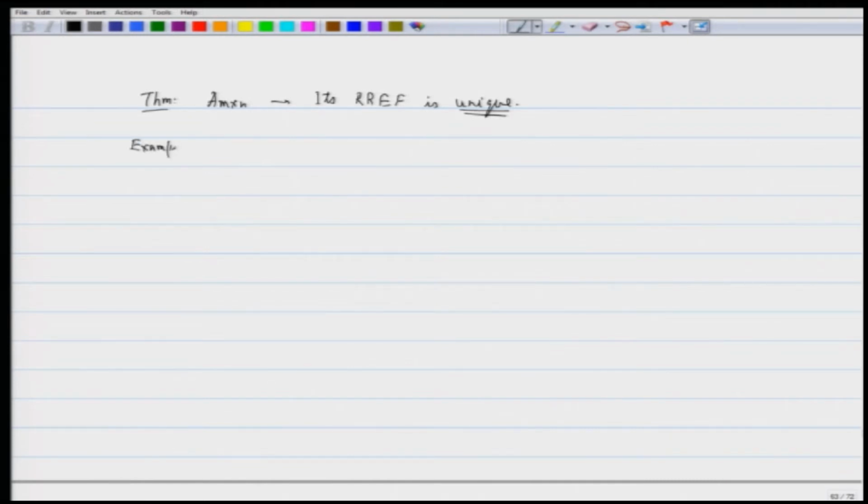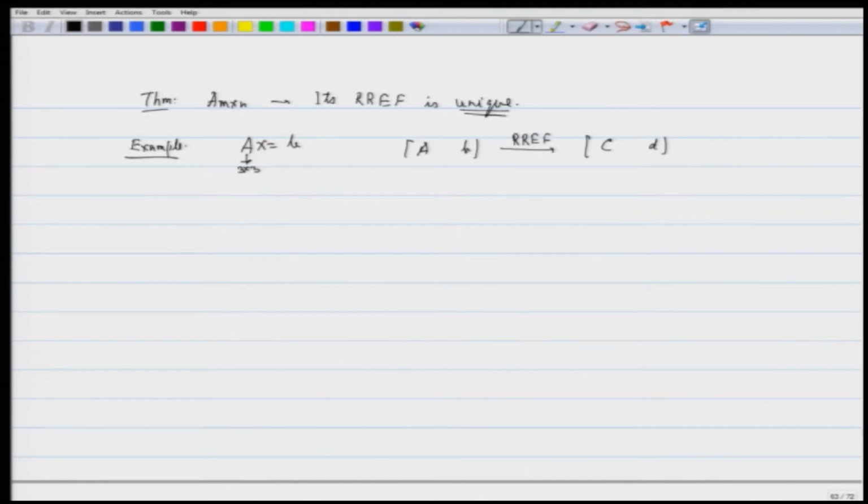Example. So, suppose I have a system Ax = B, where A is 3 cross 3 and X is 3 cross 1, B is also 3 cross 1. So, I have the augmented matrix as AB, fine, and suppose my RREF is CD, fine.